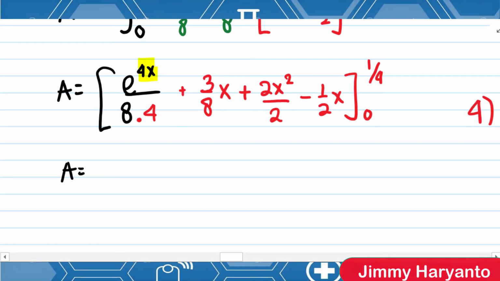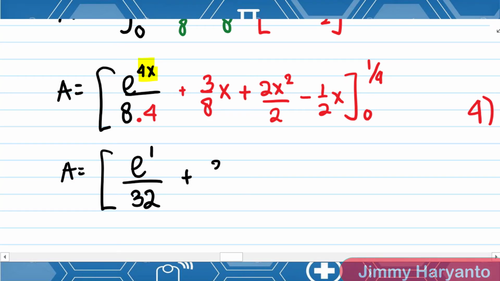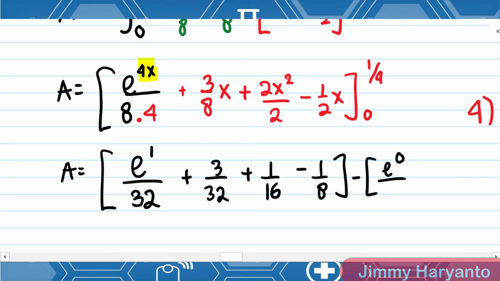Next step. Put the 1 over 4. It will be e to the power of 1 over 32. Remember, you cannot use a calculator on this calculation. So it will be 3 over 32 and then plus 1 over 16. For this one, minus 1 over 8, minus 0, e to the power of 0 over 32 plus 0 minus 0.